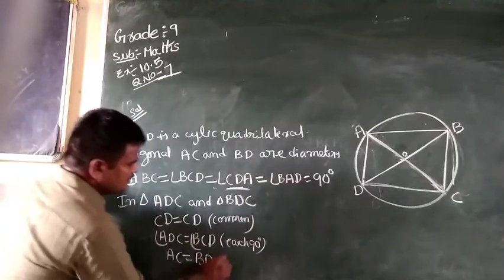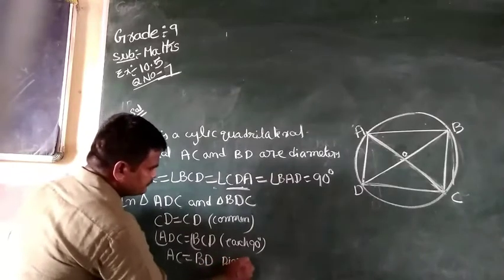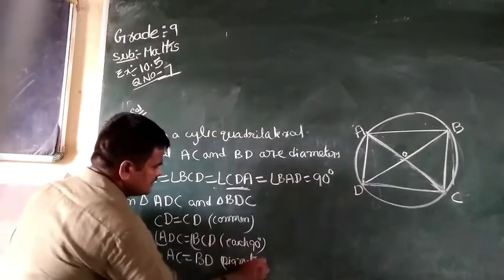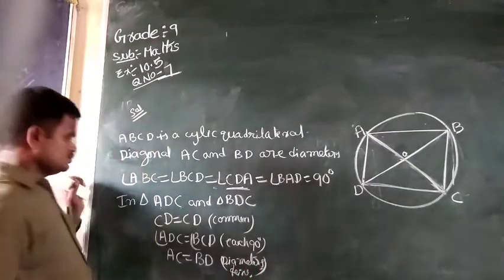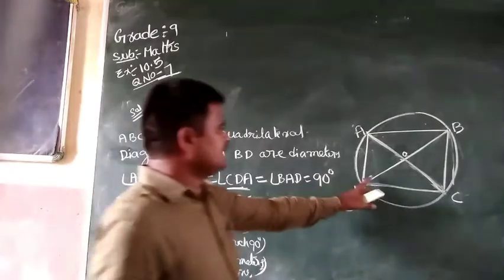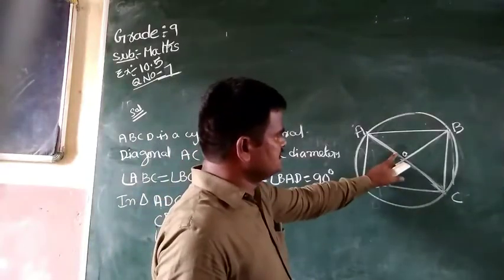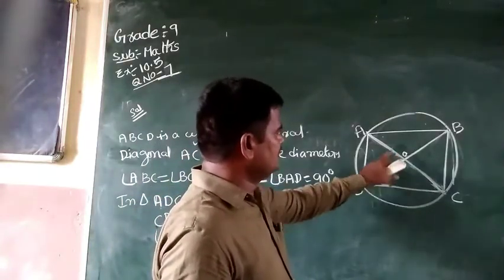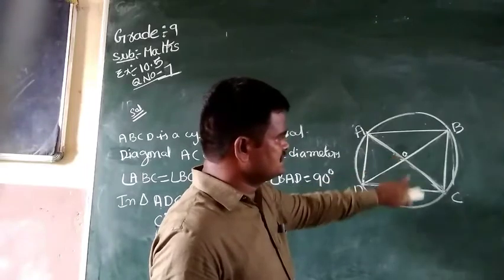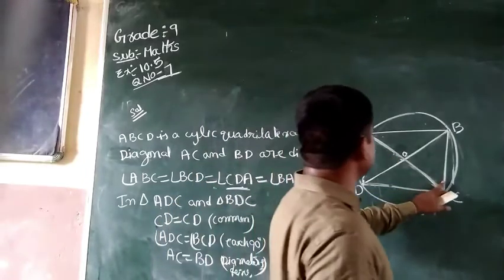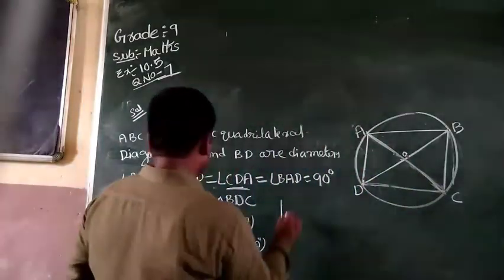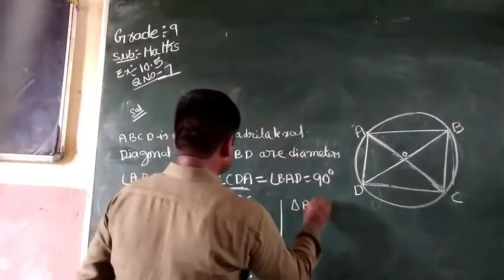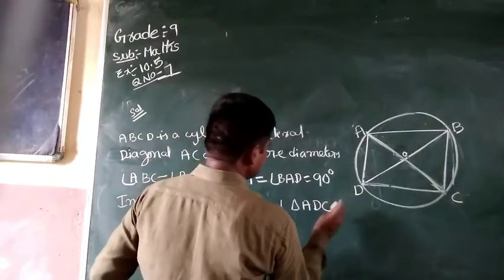These are the diameters of a circle. So we have a right angle, hypotenuse, and a side.